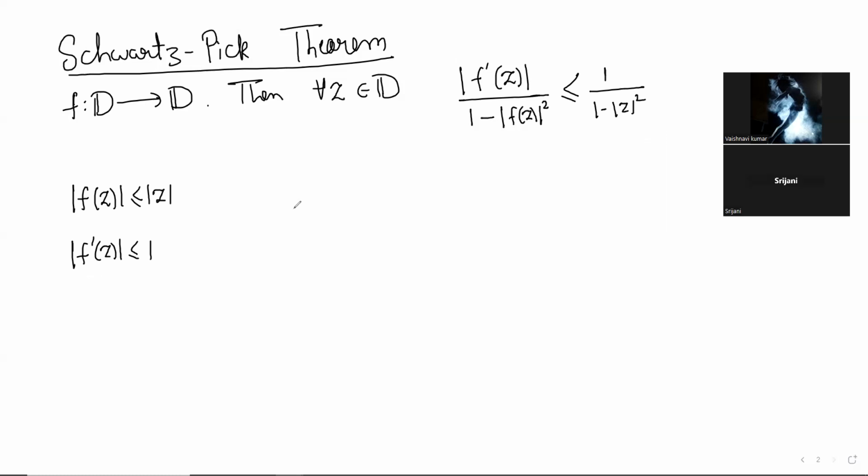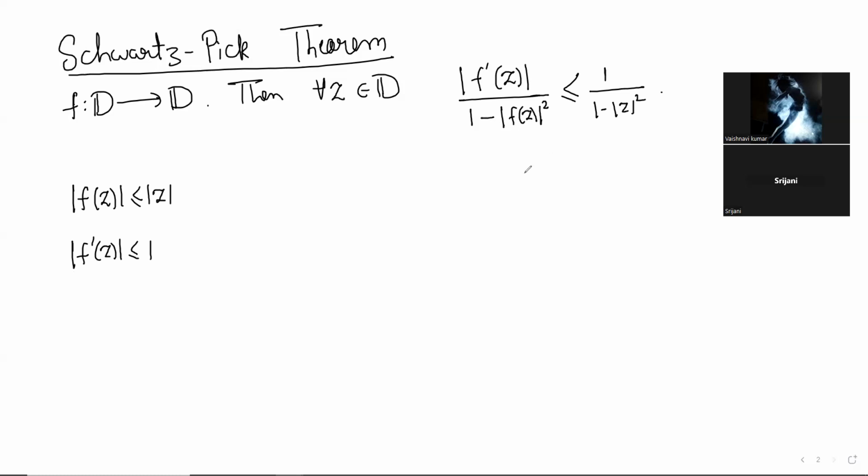Isn't it coming from the simple calculation? Mod of f(z) less than or equal to mod z, then if we square both sides, it will be the same, and if we take the negative, then it will be greater than this one.